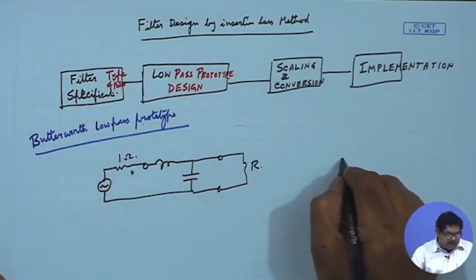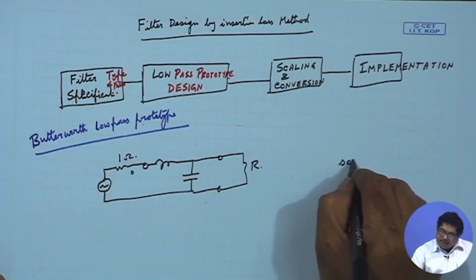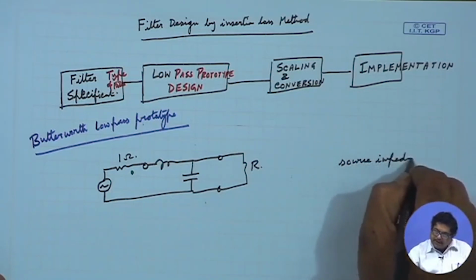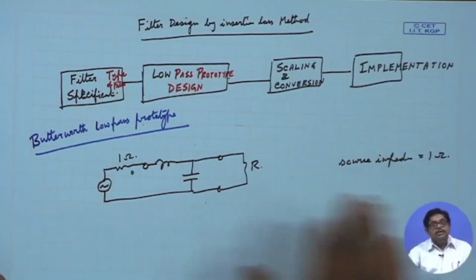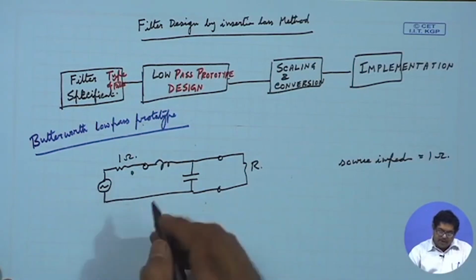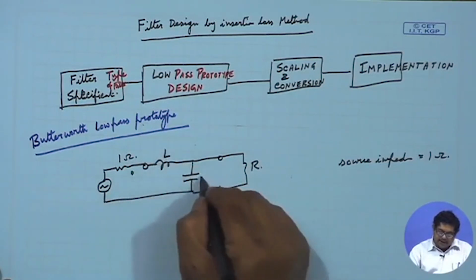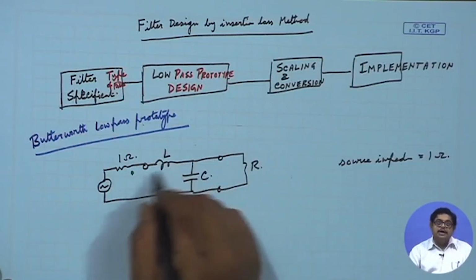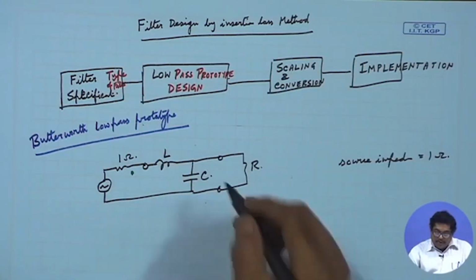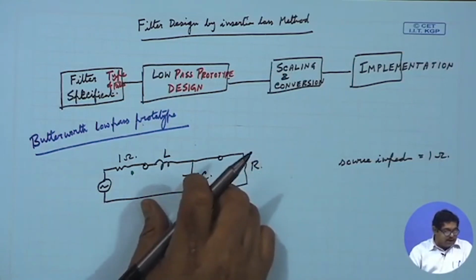We can say that in the prototype the source impedance is always taken as 1. Later we will see that we can go to any actual source impedance, but in the prototype we have this. Then this is an L, this is a C. In the series arm we put L, in the parallel shunt arm we put C. Now, this is a single section.